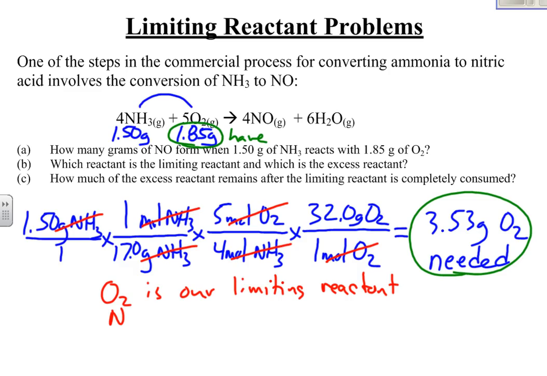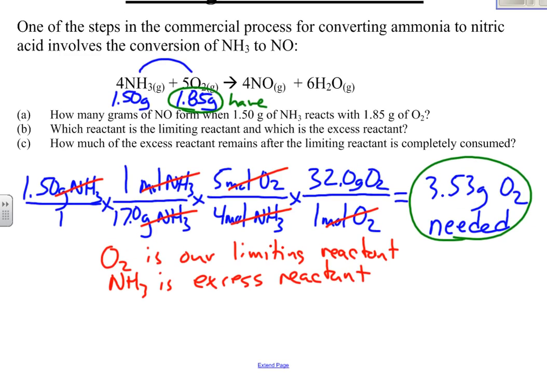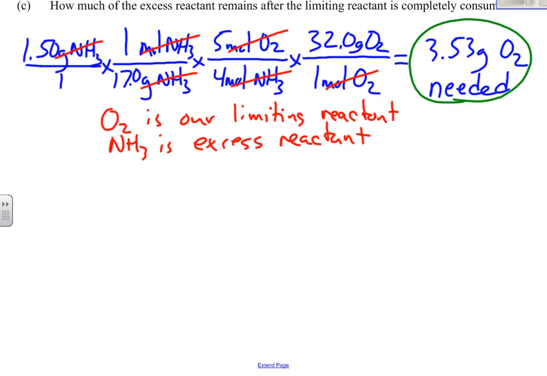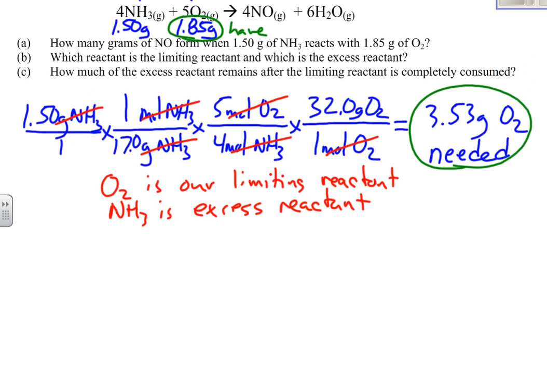And the ammonia is our excess reactant. So that's the one that's going to be left over. So we're going to use the limiting reactant, the oxygen, to determine how much of our product will be formed. 1.85 grams of O2 will definitely react.